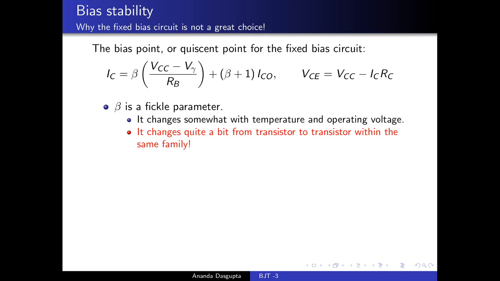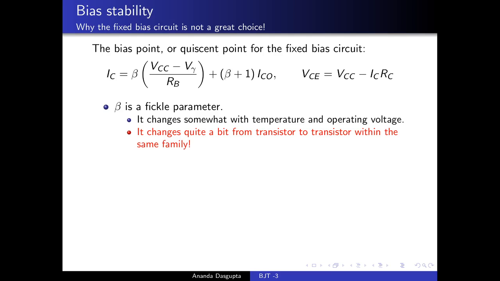But if you think about it, since alpha is very close to 1, a small variation of alpha can lead to quite a large variation in alpha by 1 minus alpha, which is the value of beta. So beta actually changes quite a lot when you go from one transistor to another within the same family.